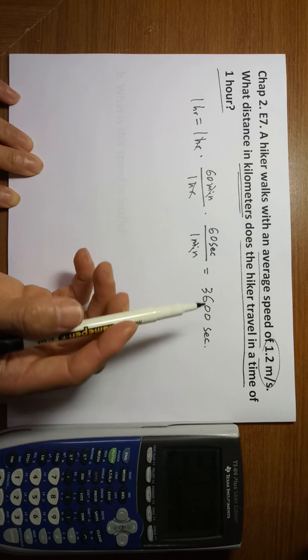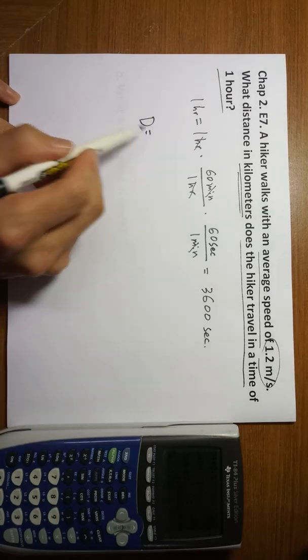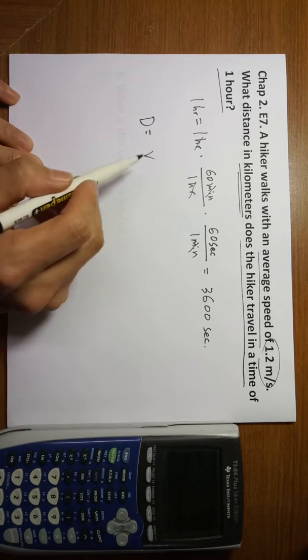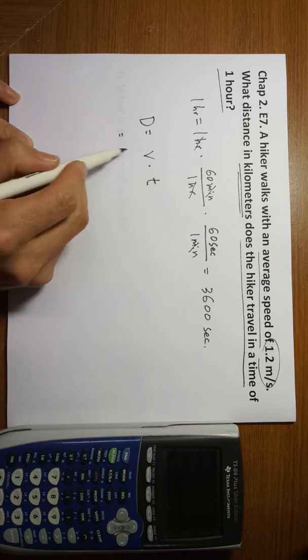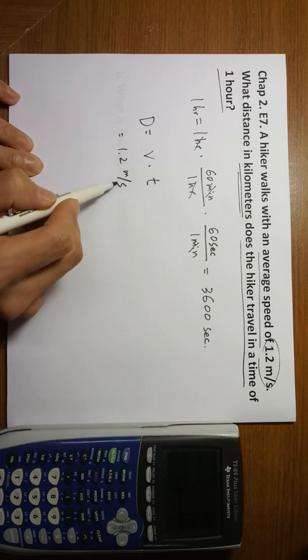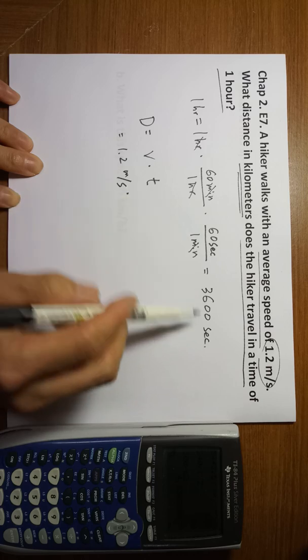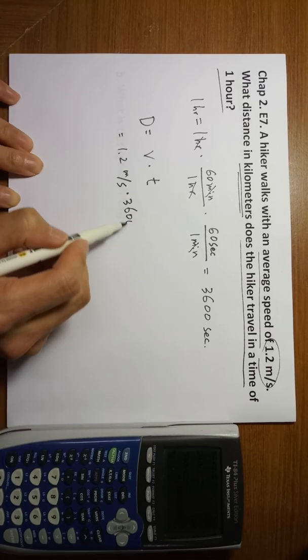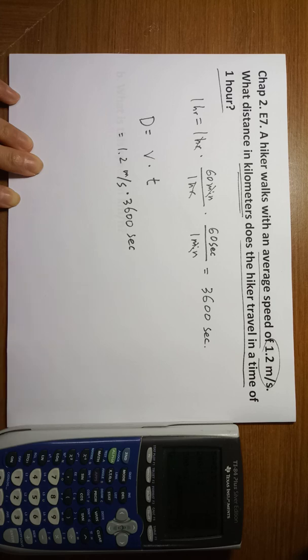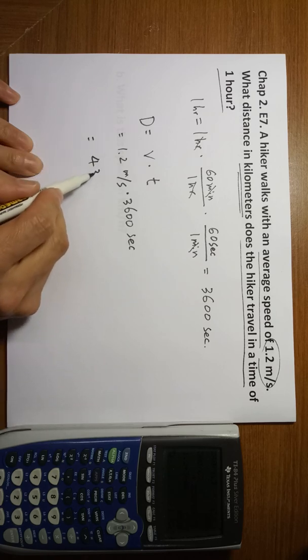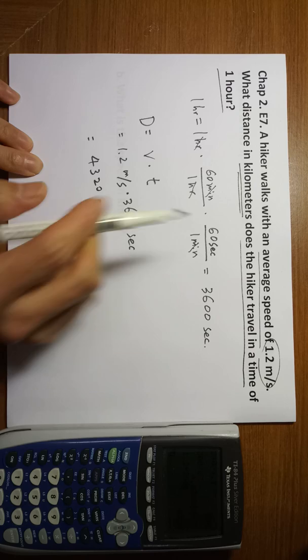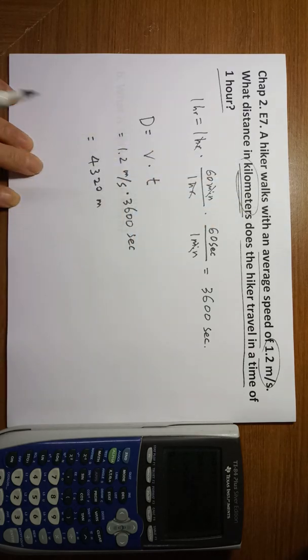And the distance equals the average speed times t. Your average speed is 1.2 meters per second times t, which is 3,600 seconds. So 1.2 times 3,600, then you will get 4,320 meters, but they want it in kilometers.